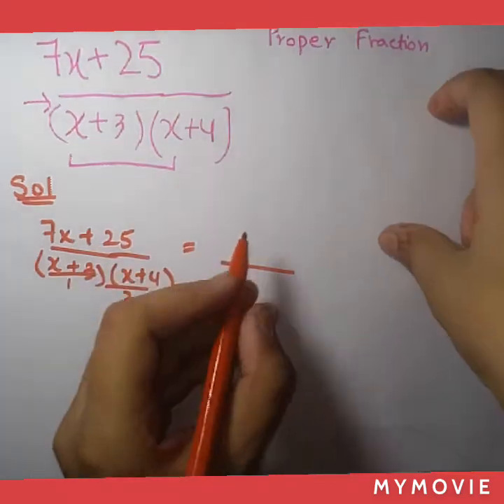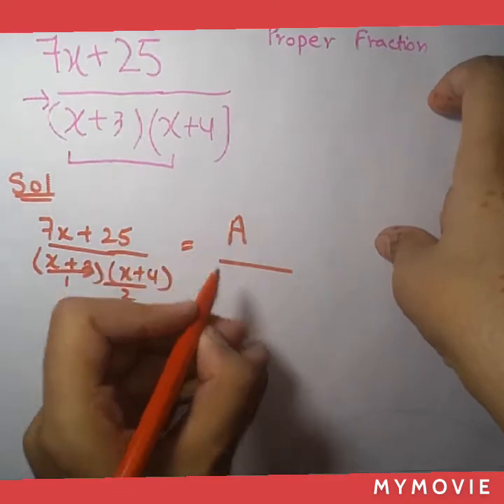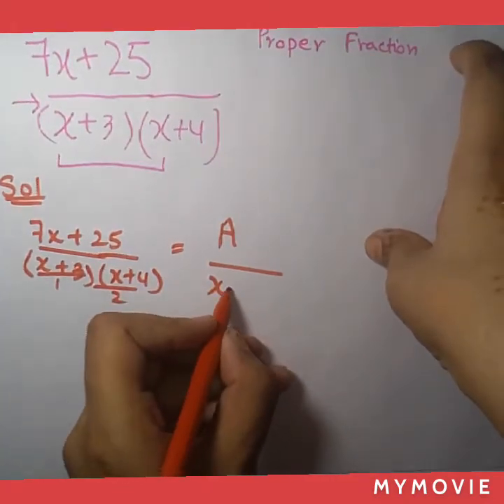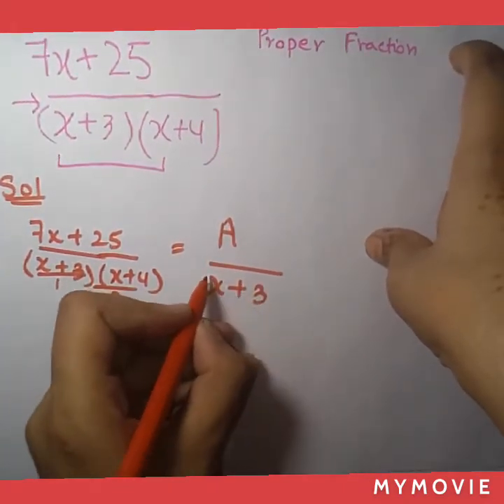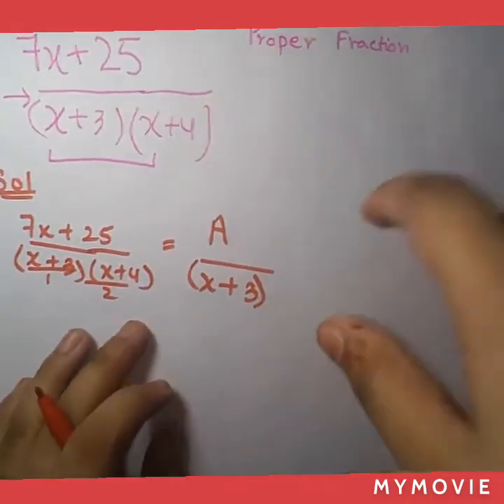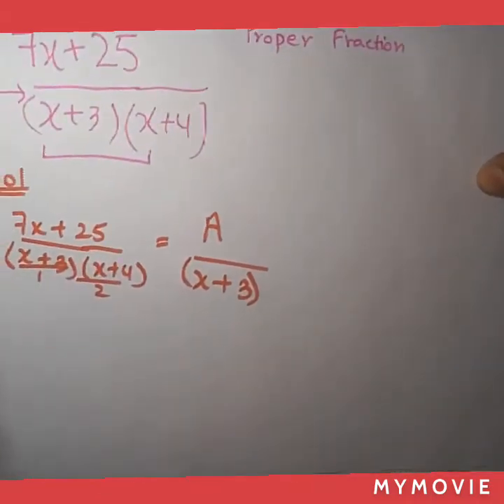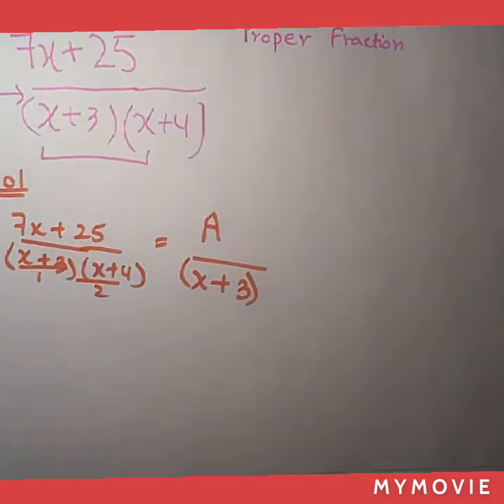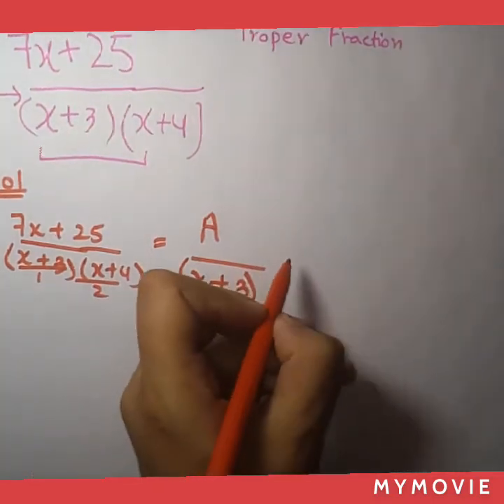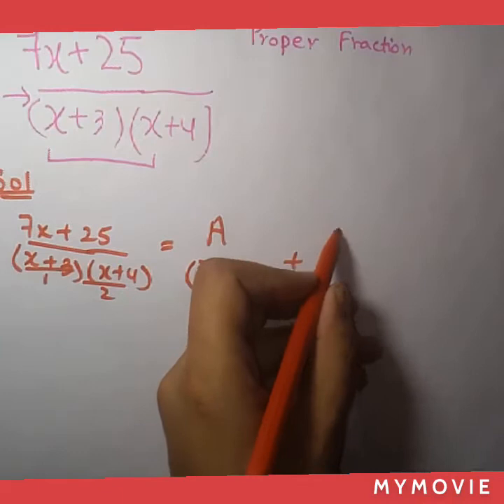That's why choose A over (x + 3) as the first part, and the sign between the two partials is positive.